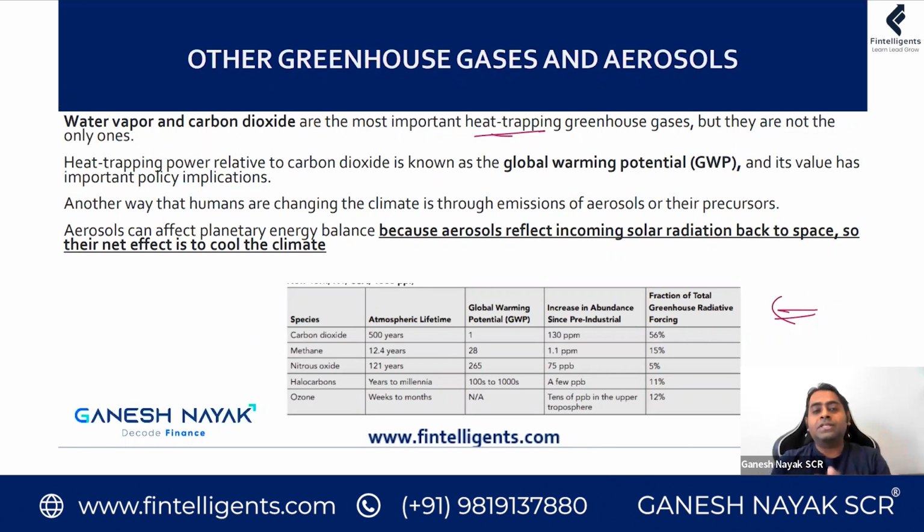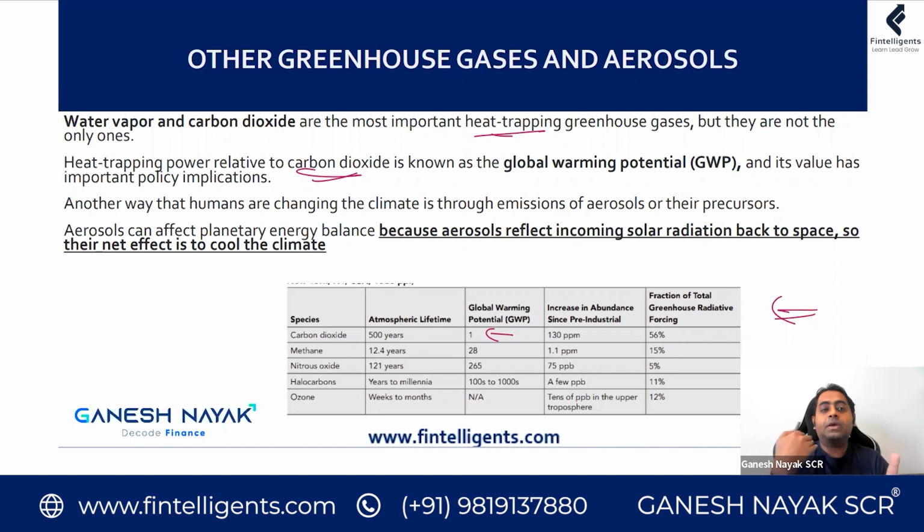Okay. Now let us come to the concept of what is global warming potential. Over here in the exam, they might test you on the definition of it. What we are trying to highlight is the heat trapping potential, but we are comparing relative to carbon dioxide. Why? Because if you look at this table, the heat trapping potential of carbon dioxide is only 1. So it becomes a base.